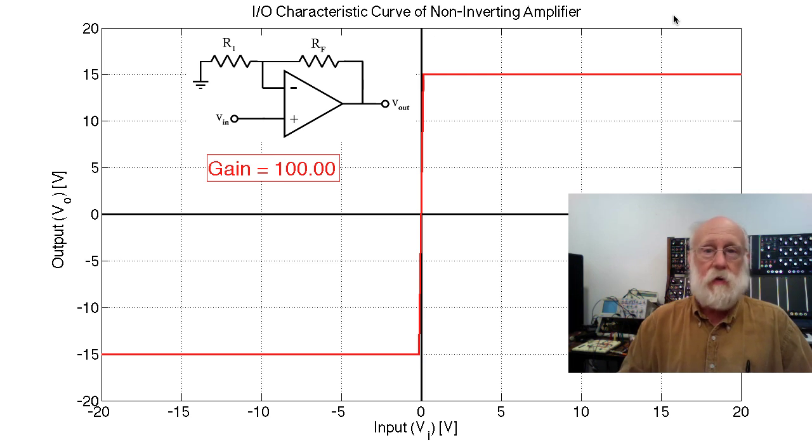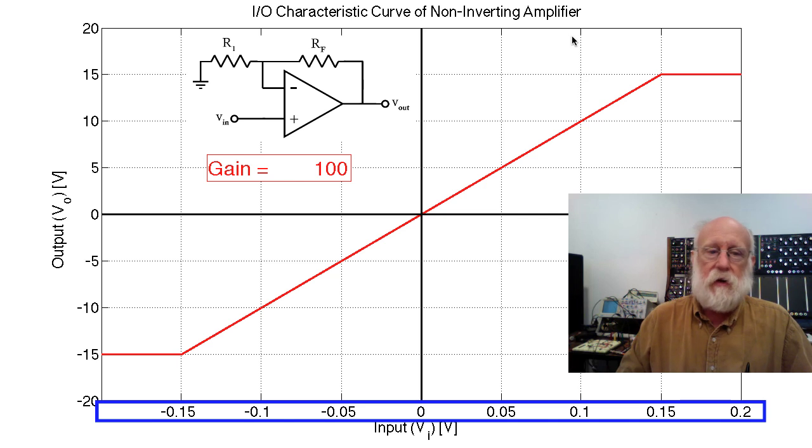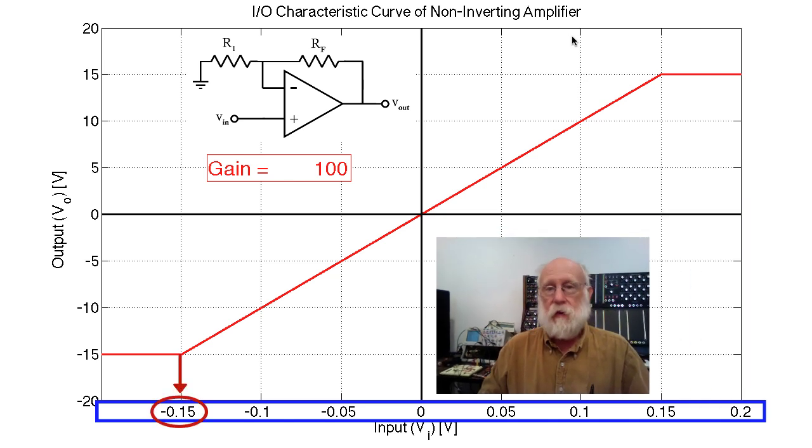Let's again increase the gain from 100 by a factor of 100 up to 10,000. So here I have expanded the horizontal axis so that now you see that it looks just like the original one with a gain of 1 except for the horizontal axis. Note that those saturation points are now at minus 0.15 and plus 0.15 volts.